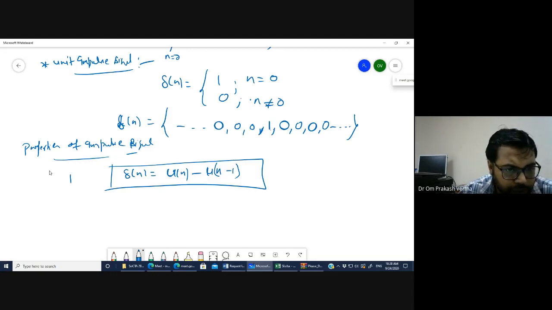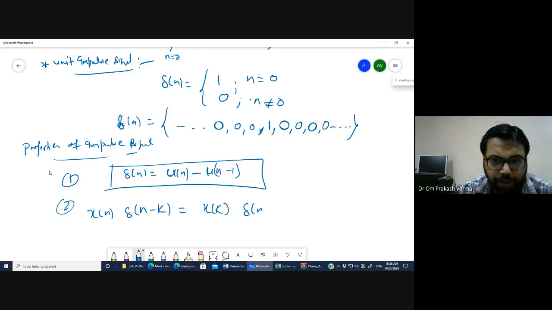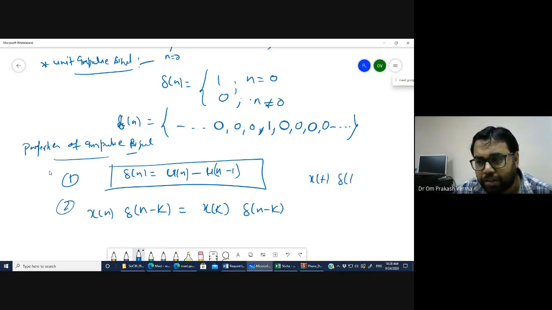We have also seen the second property, the multiplication property, x(t) delta(t) or x(t) delta(t minus t naught). Here I am taking the same property: x[n] delta[n minus k], the same as x(t) delta(t minus t naught), which gives x(t naught) delta(t minus t naught).